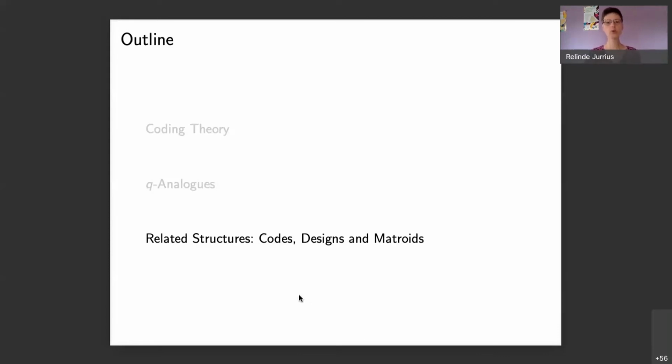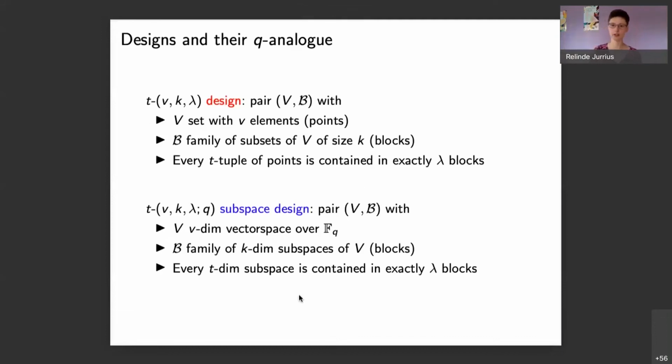So first of all, I'm going to tell you what a design is. A design is a combinatorial structure, and it consists of a set V of elements that we call points. Then we take a family of subsets of V that all have the same size, k.